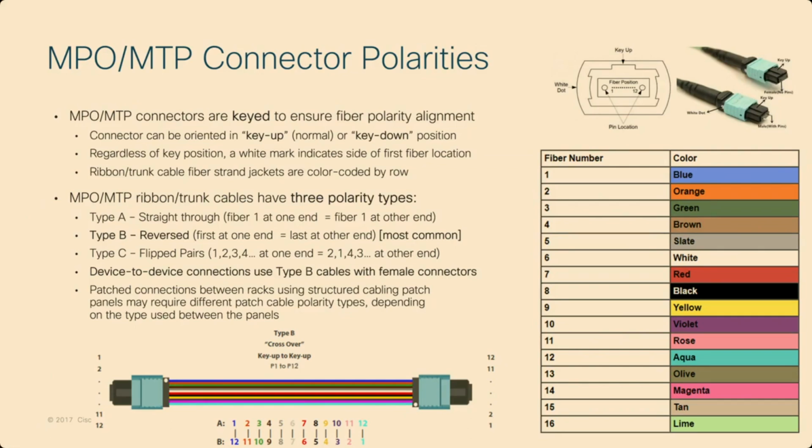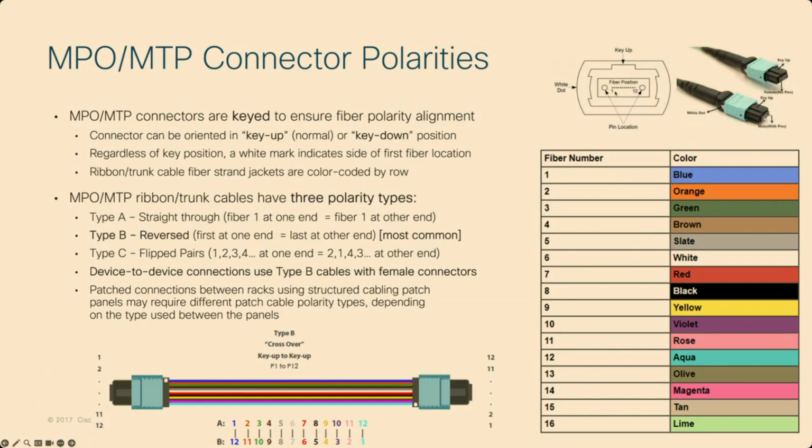The connector is keyed. If you have this little part that sticks up on the connector, that's called a key. And if you have it in the key up position, then the key is up with the white dot facing the left. So if you were looking straight into the fiber, which you shouldn't do because it's bad for your eyesight if it happens to be lit from the other end.